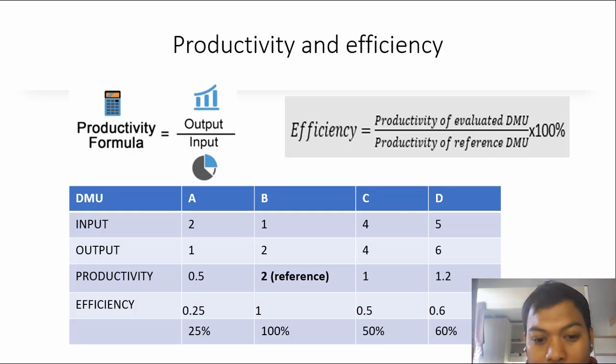So P becomes a frontier, or reference, or benchmark. So the efficiency is the productivity divided by the reference. So for A, this is 1, this is 0.5, and this is 0.6.